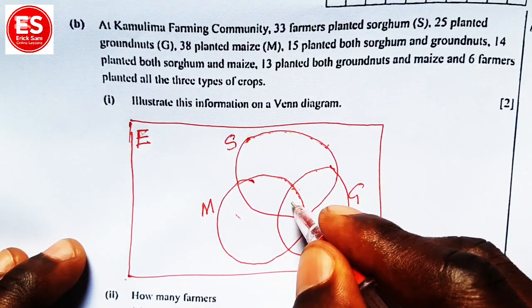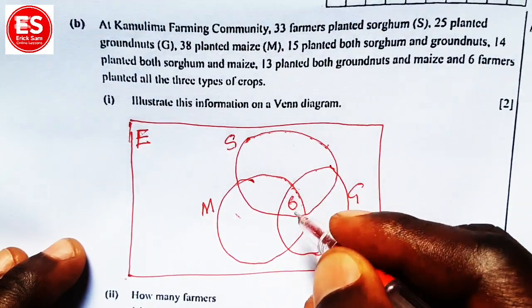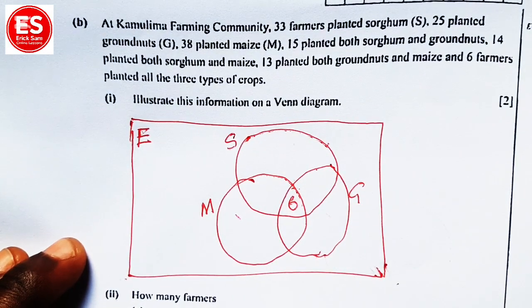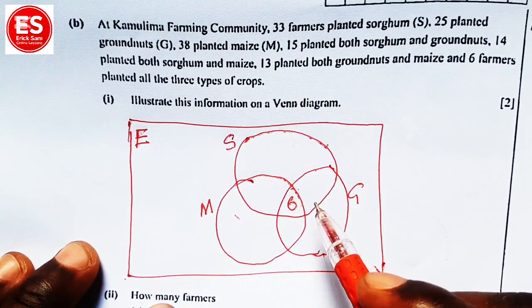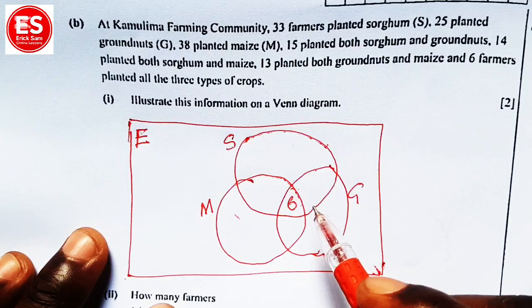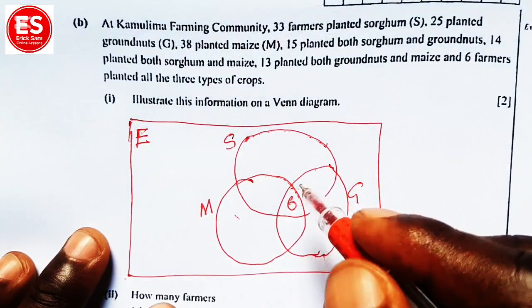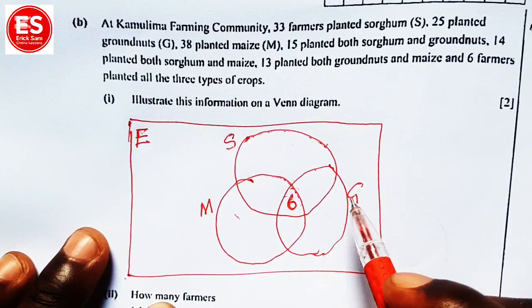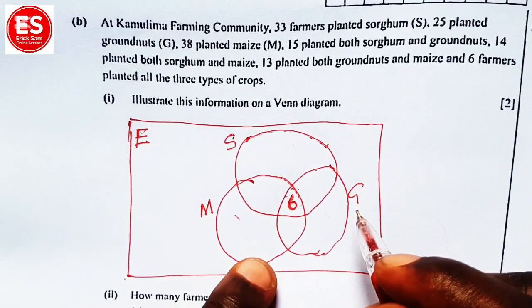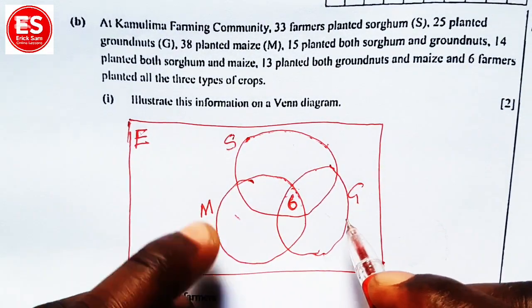So what are we going to write? 6 here. We write 6 farmers in the middle because they planted all the types of crops.